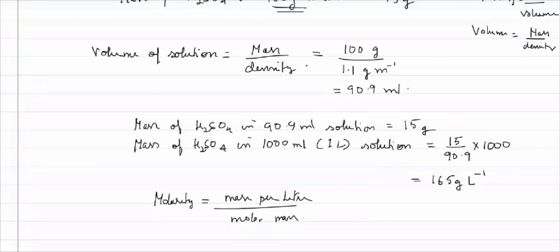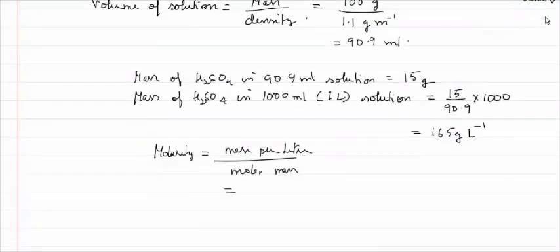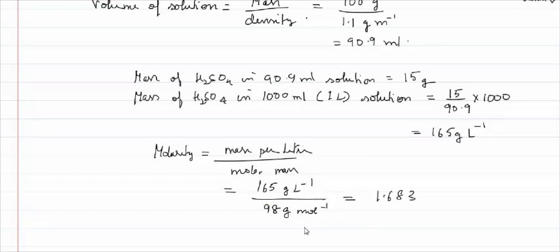This is equal to 165 grams per liter divided by 98 grams per mole. This is equal to 1.683 moles per liter or 1.683 capital M.